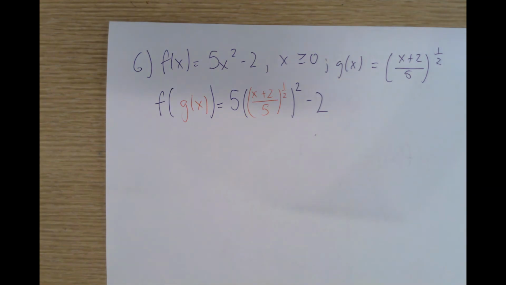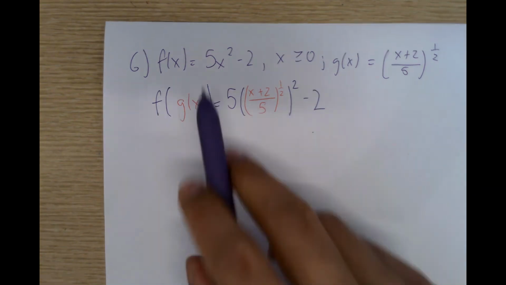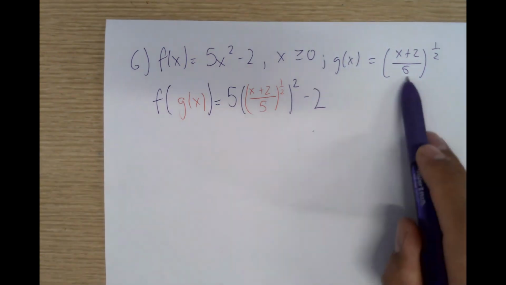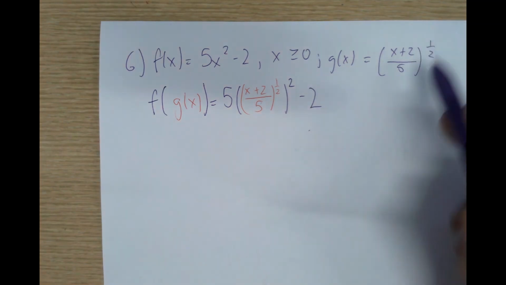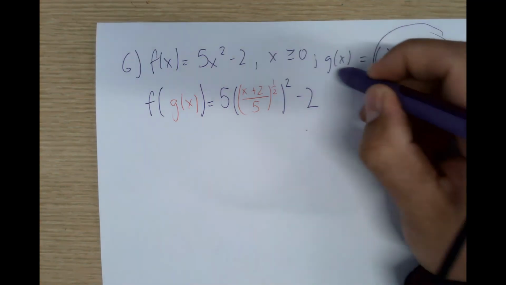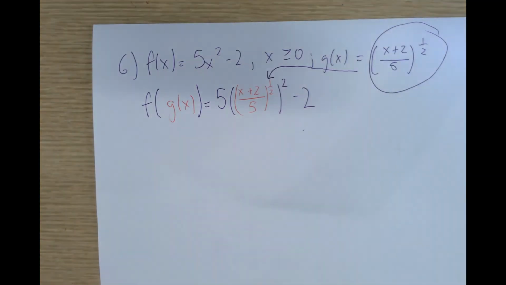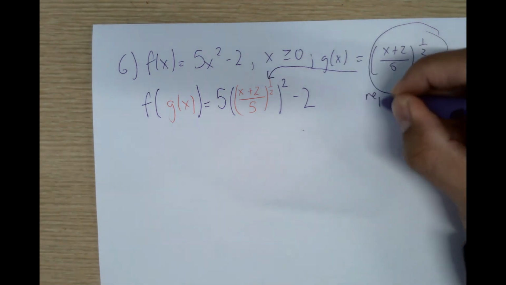Again, what we did is we found x. We replaced this x with x plus 2 divided by 5 to the 1/2 power. We just took this and replaced it inside 4x, replaced x.